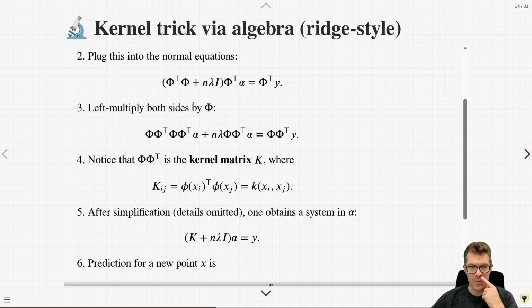We can do a little bit of fancy footwork. We can multiply both sides by big phi. Again, this is left as an exercise to you, so you can make sure I'm not making any mistakes. Sometimes it's easy to see: if you're left multiplying both sides by phi, then phi transpose y becomes phi times phi transpose times y. The left-hand side is a little more complicated because we have to multiply through phi transpose alpha to both of these terms.